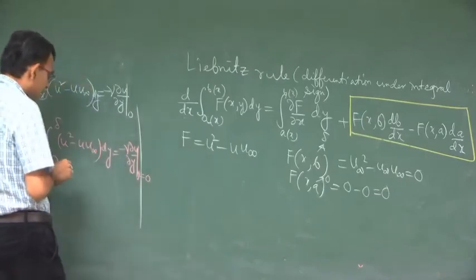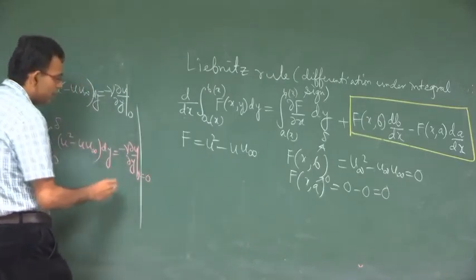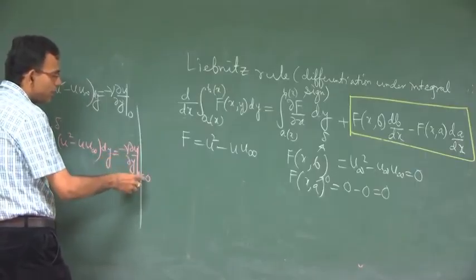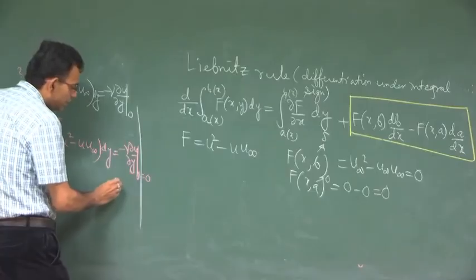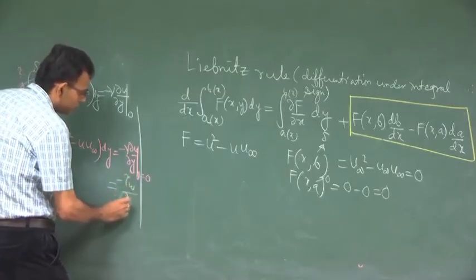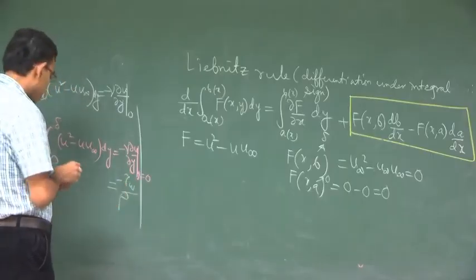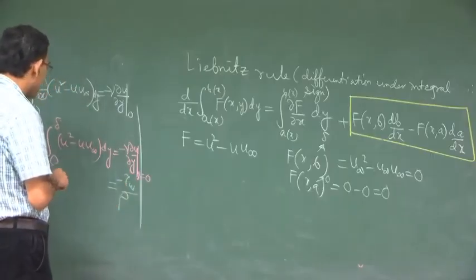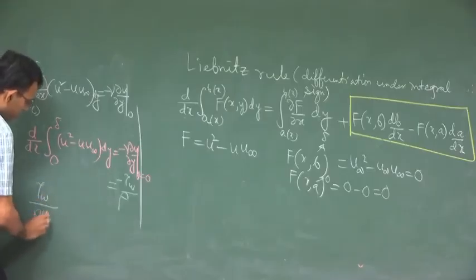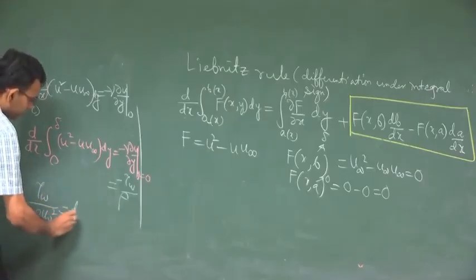you can write this one, because nu is mu by rho and mu du dy at y equal to 0 is tau wall. So, this is minus tau wall by rho. So, if you divide both sides by u infinity square, then you will get tau wall by rho u infinity square.